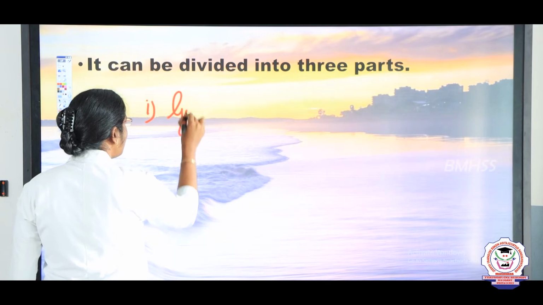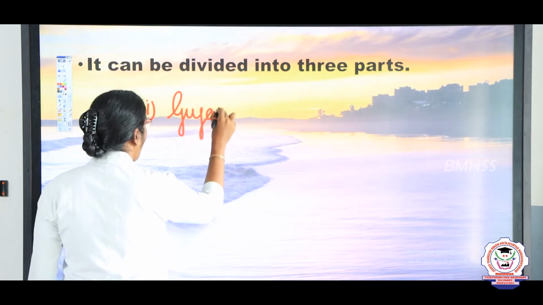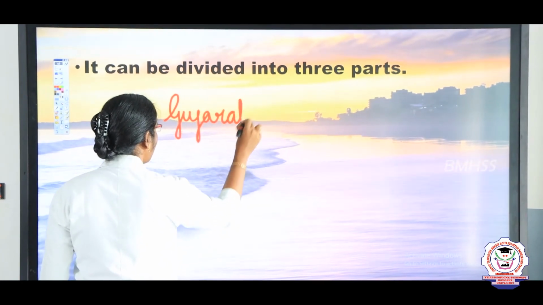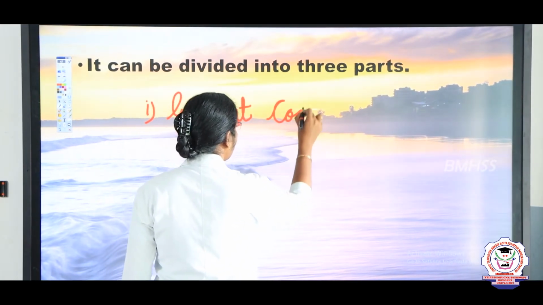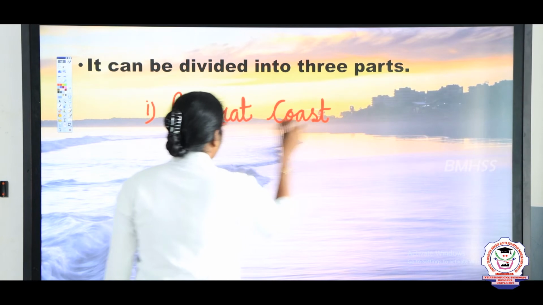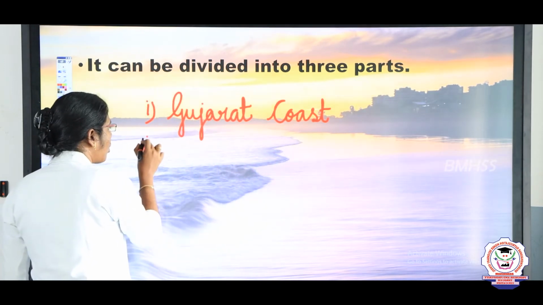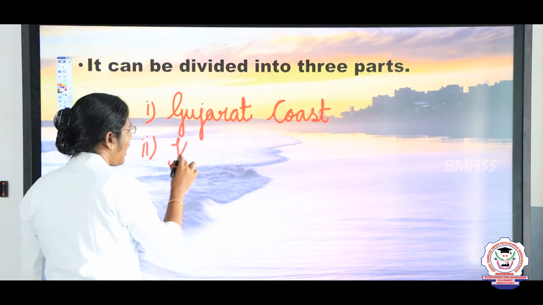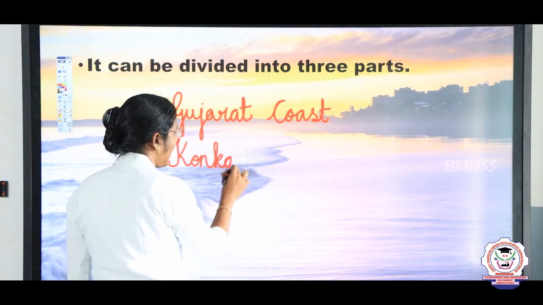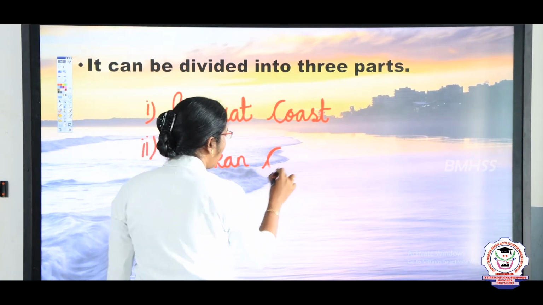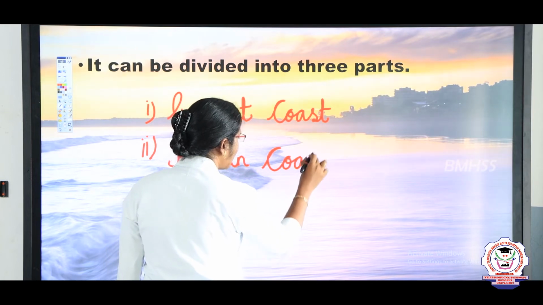Gujarat coast, G-U-J-A-R-A-T, Gujarat coast, C-O-A-S-T, coast. The second one is Konkan coast, K-A-N, Konkan coast, C-O-A-S-T, coast.